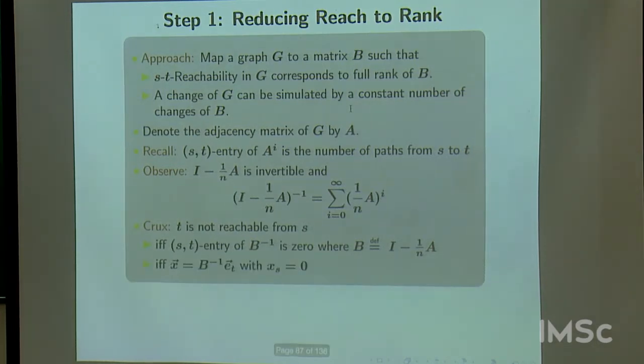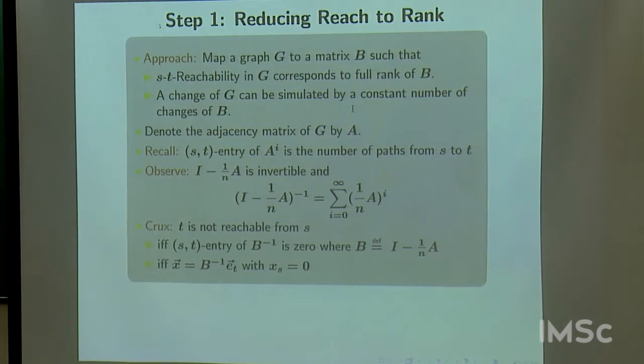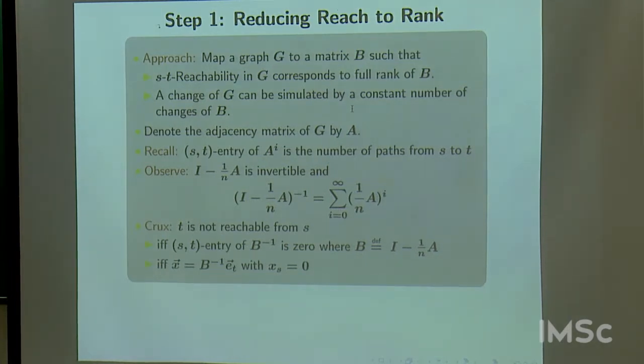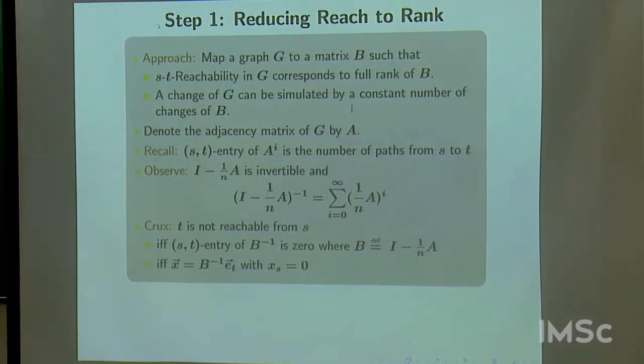So if and only if this vector x, which is equal to B inverse times e_t, where e_t is the unit vector with 1 in position t and zeros elsewhere, has x_s equal to 0. So I'm just expressing the (S,T)th entry of B inverse.